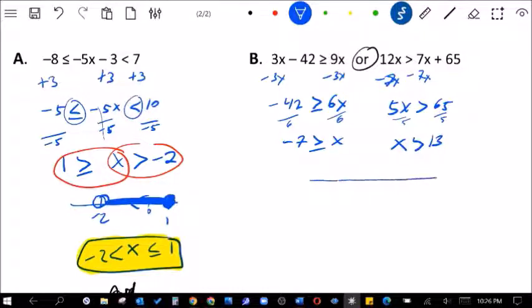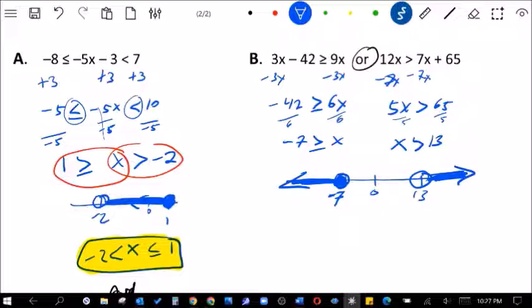Now, we don't have to draw a number line, but it does help often to see it. Here's -7, 0 here, and 13. So this one's going to show less than or equal to -7, and less than is all these numbers. And here it's greater than 13.